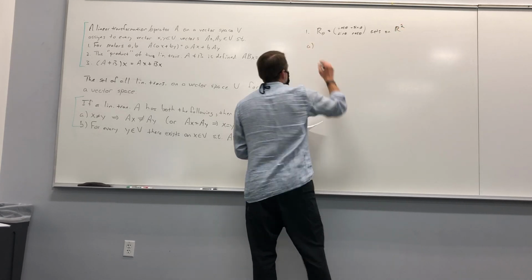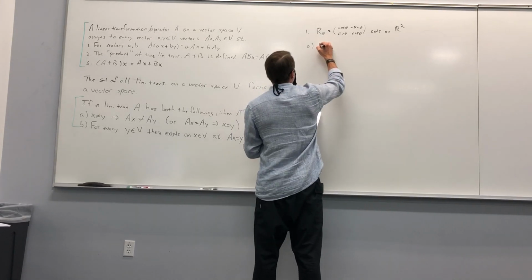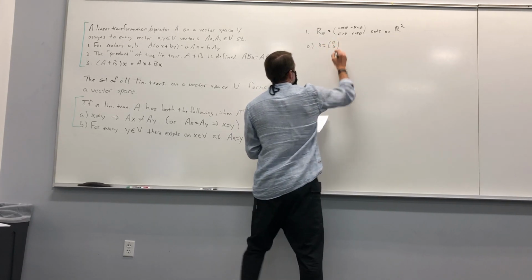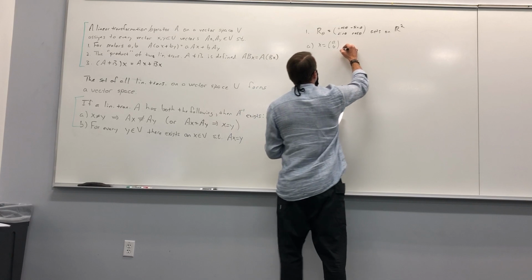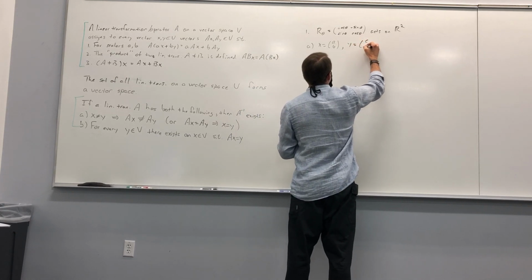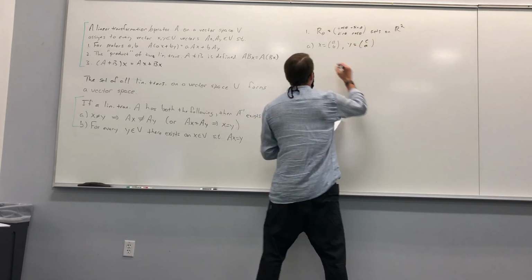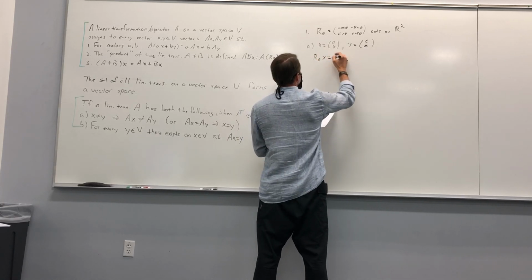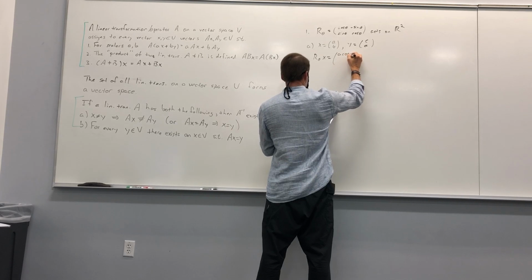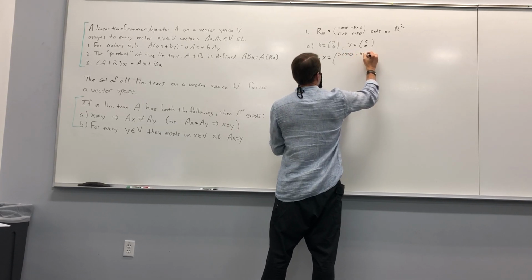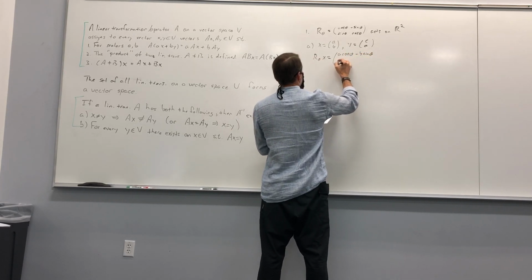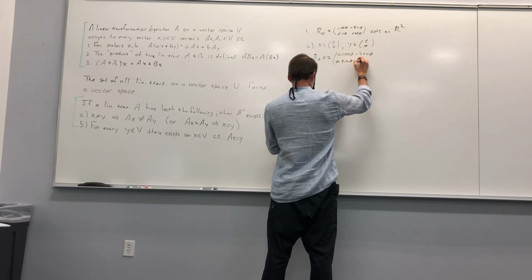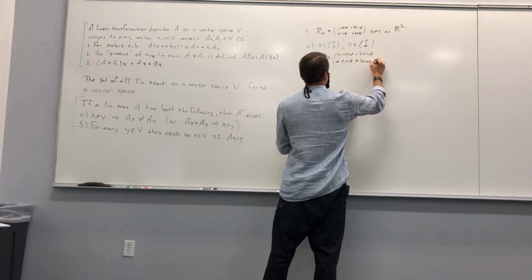Now let's prove that this has an inverse. If I take a vector x, which has components a and b, and a vector y, which has components c and d, then we can first construct the rotation of vector x, which is going to give me a cosine theta minus b sine theta, a sine theta plus b cosine theta.